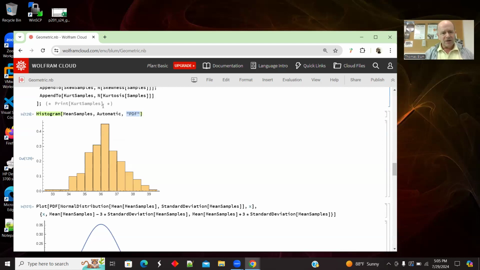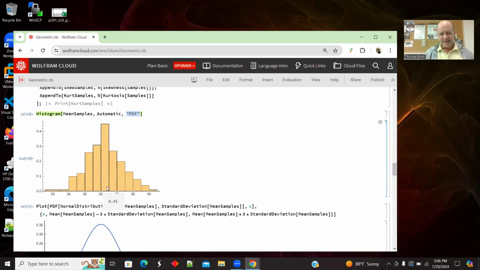It scales the y-axis and also helps scale the x-axis to correspond to a probability distribution function. So this is no longer the number of times it occurred, but more about the probability.